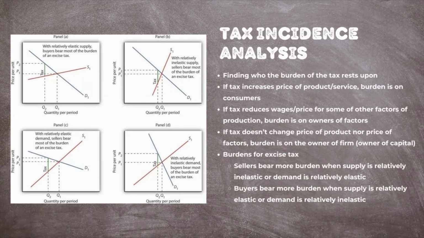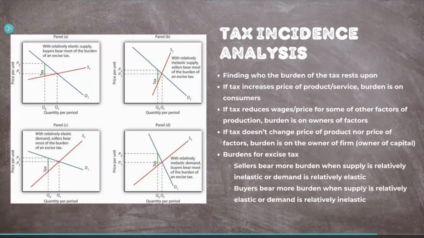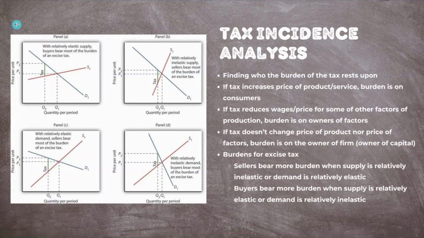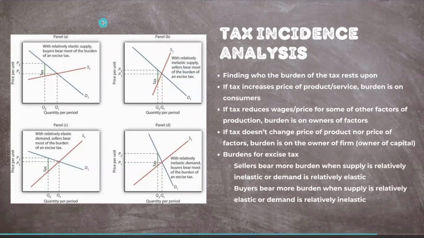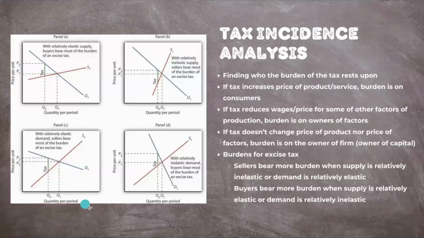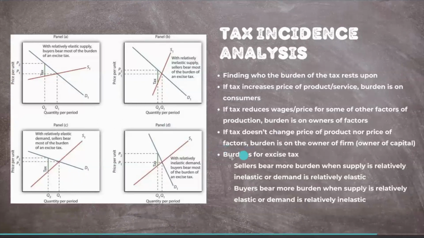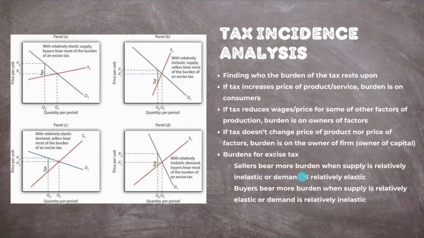And we can look at an example for the burdens of excise taxes. So if you look at the 4 graphs here, these show elasticity and basically a comparison of elasticity with who is more responsible for the burden of a tax. So sellers bear more burden when supply is relatively inelastic or demand is relatively elastic.